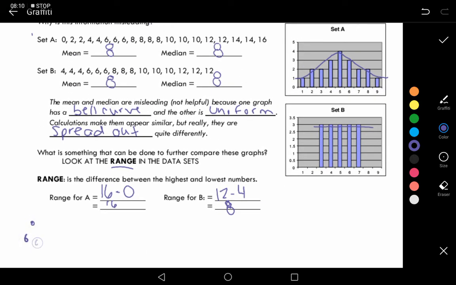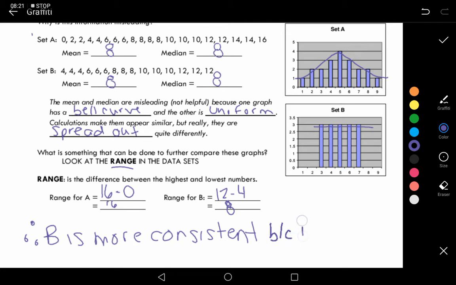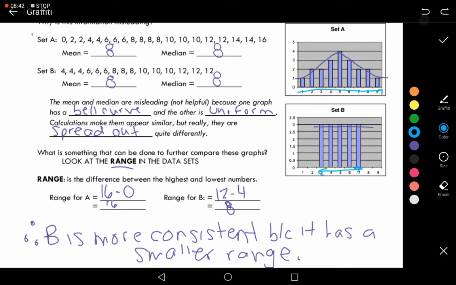So therefore, B is more consistent because it has a smaller range. Okay, and we can kind of see that just by looking at the graphs, right? The distance from here to here is obviously shorter than the distance from here to here. Okay, that's all that's looking at, the range.